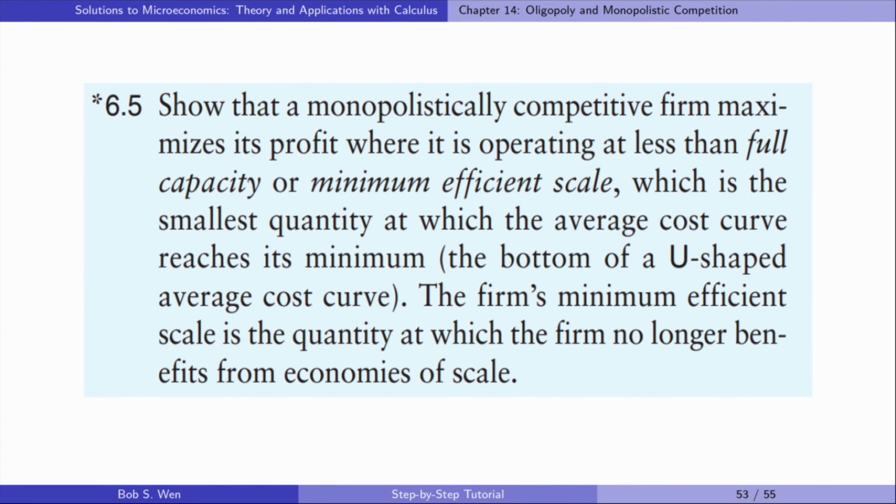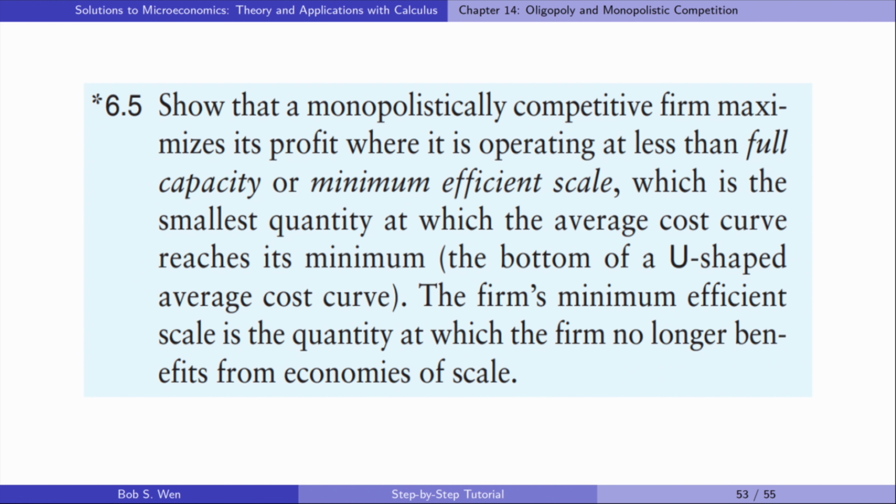Let's solve exercise 6.5. Show that a monopolistically competitive firm maximizes its profit where it is operating at less than full capacity or minimum efficient scale, which is the smallest quantity at which the average cost curve reaches its minimum, the bottom of a U-shaped average cost curve.